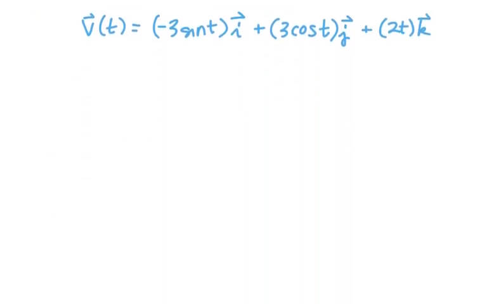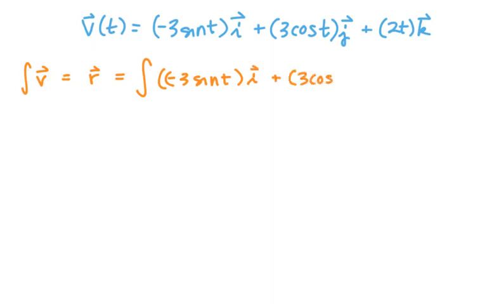So coming back down here, one thing that we know is that the integral of the velocity function is going to give us our position function. So I need to integrate negative 3 sine of t i plus 3 cosine of t j plus 2t k with respect to t.